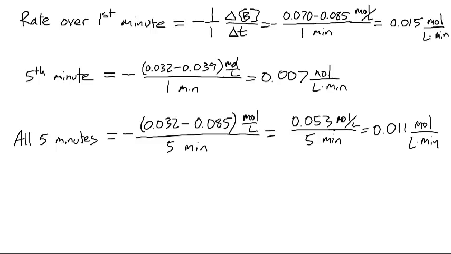We can't just say this reaction has a rate of such and such. We have to say that over this interval, the reaction had a rate of such and such. Because we see that it started out faster at 0.015 moles per liter minute and ended up slower, 0.007 moles per liter minute. We'll talk about why that's the case in a little bit.